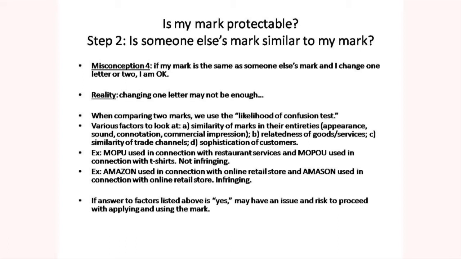Because that likelihood of confusion test we just talked about, that's a test that we apply at the trademark office level to determine if you can register your mark, but it's also a test that is applied in court when we have a trademark infringement action.